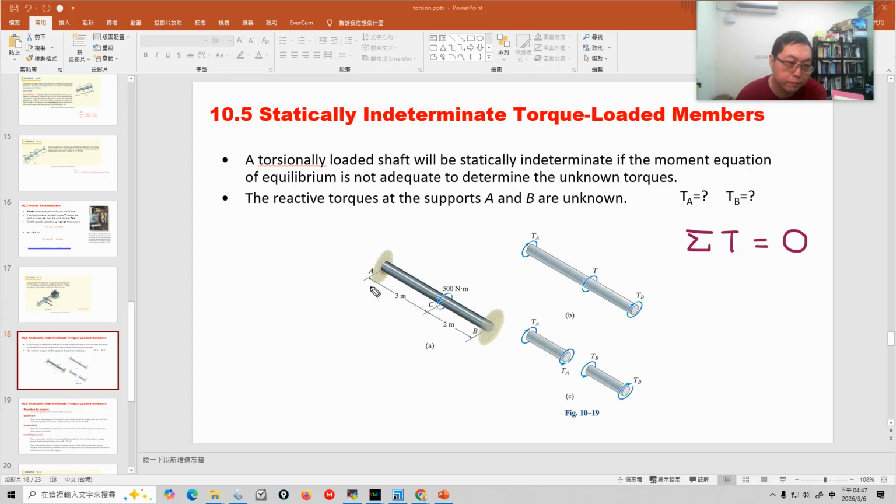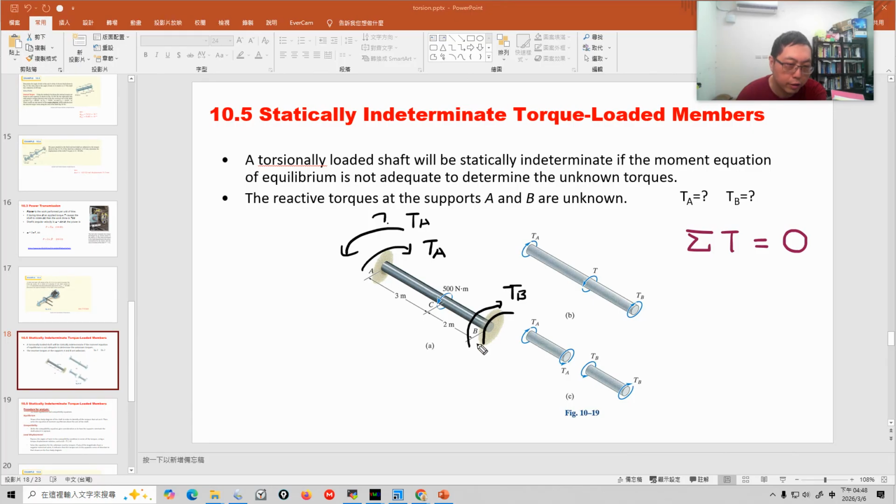For TA and TB, which direction should I assume for torque A and torque B? Should I assume it rotates in this direction or in this direction?